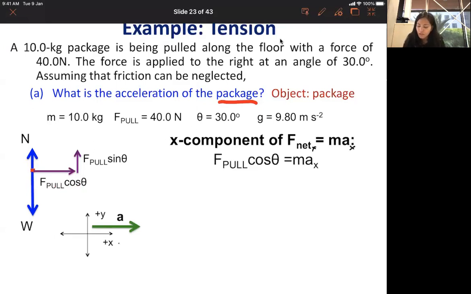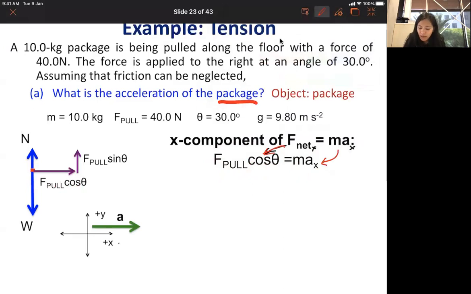So there's only one net force, F pull cosine theta. The right-hand side is still mass times acceleration. So the net force is that, and acceleration was just carried over.